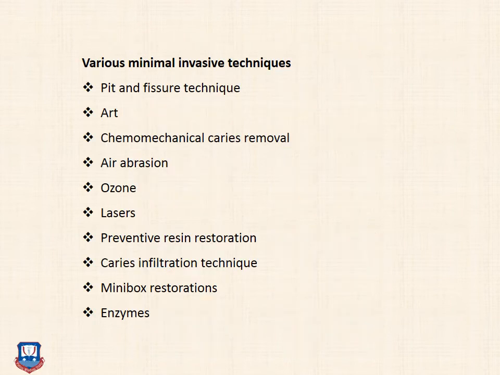So the various minimal invasive techniques are pit and fissure sealants, ART, that is atraumatic restorative technique, chemomechanical caries removal, air abrasion, ozone, lasers, PRR, caries infiltration technique, the mini box restoration, and enzymes.